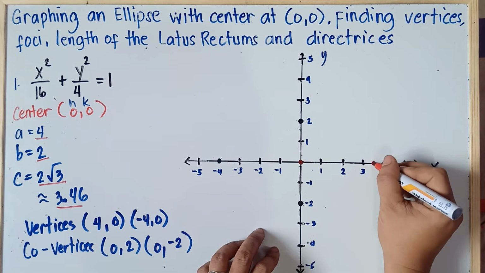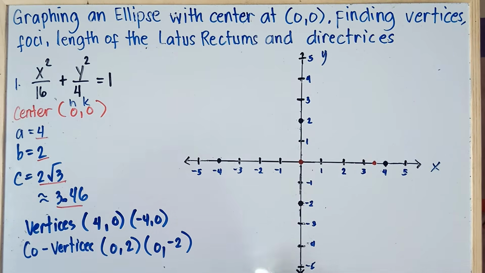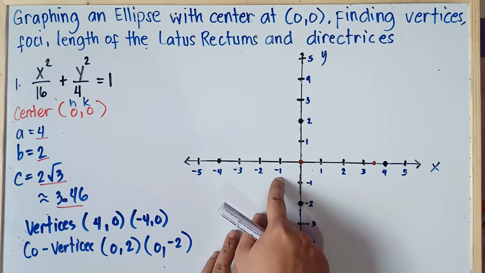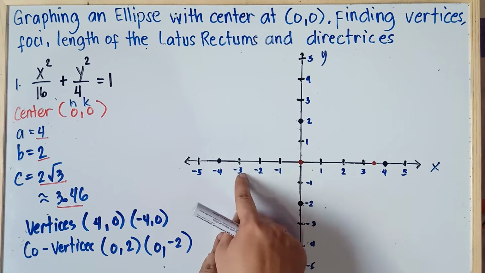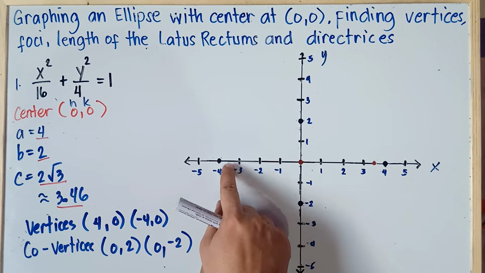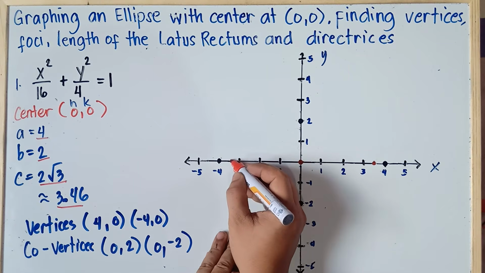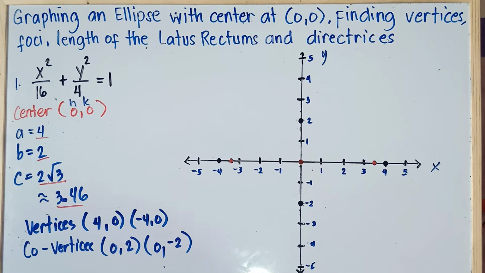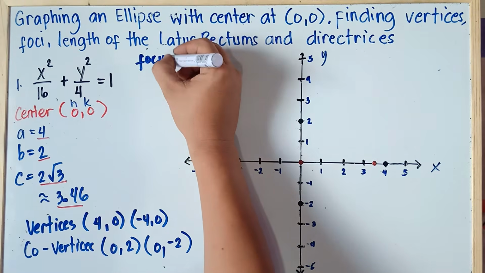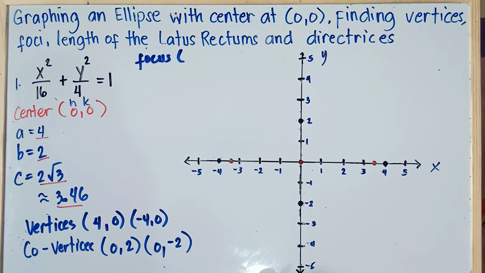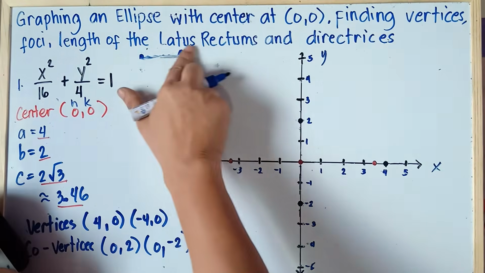Alright, this will be our first focus. Once again, class, we have 2 focus points, and that's what we call foci. So 3.46 units to the left, 1, 2, 3, then half is 3.5, so 3.46. This one, class. So let me write the foci here.